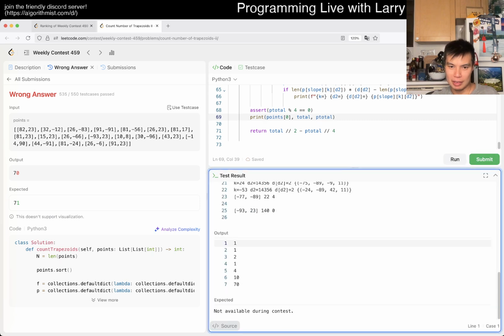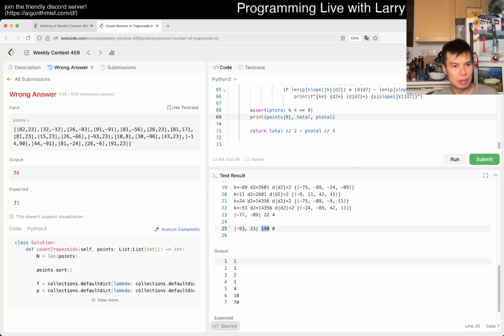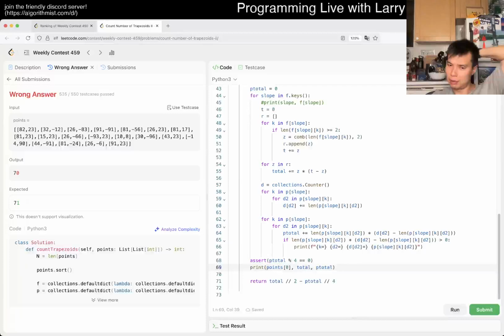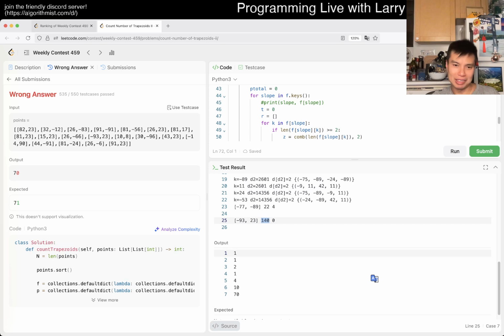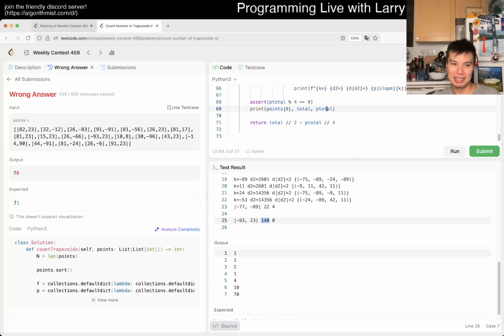Is total odd? No. Okay, so at least we solved the parallelogram issue, but I thought maybe I overcounted this, but now this is just wrong, or I'm just wrong somewhere, which is even worse. And how do I even debug this?